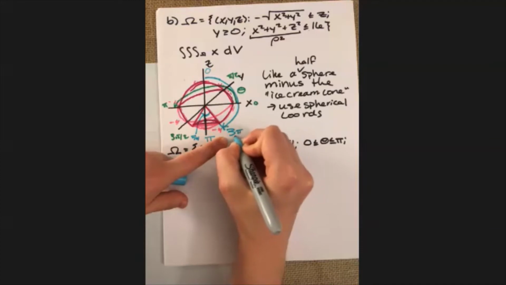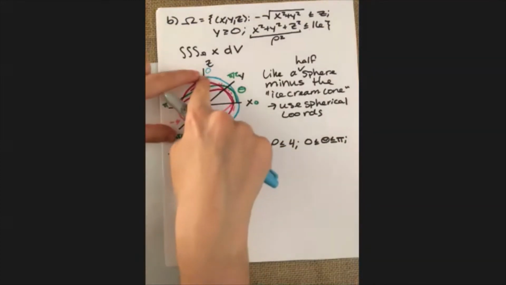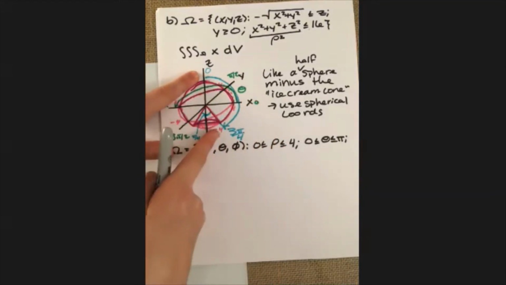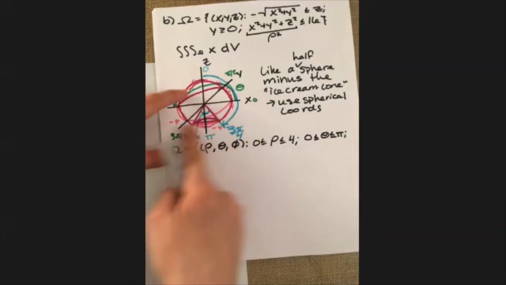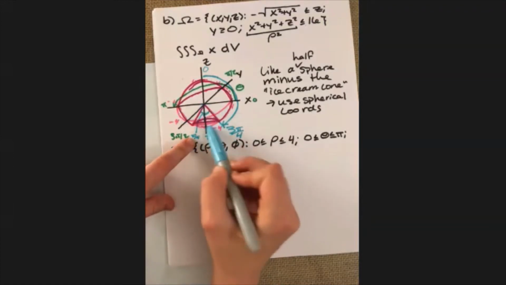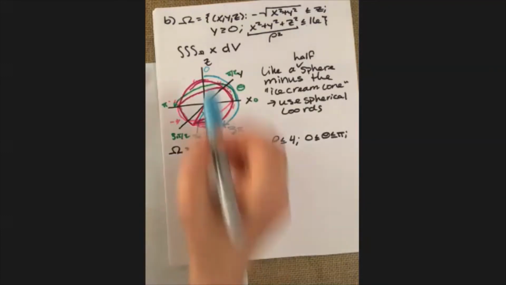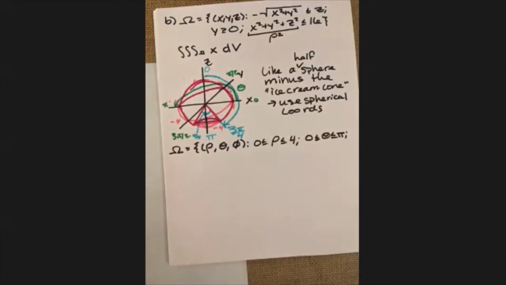That must be 3 pi over 4 in this case. So we're starting at 0 and we're allowing it to swing all the way down to 3 pi over 4, but then it can't go any farther in because if we did, then it would start to include this ice cream cone shaped piece that we've removed from our sphere, and we don't want that. So phi can be anything that is sitting in this range right here.